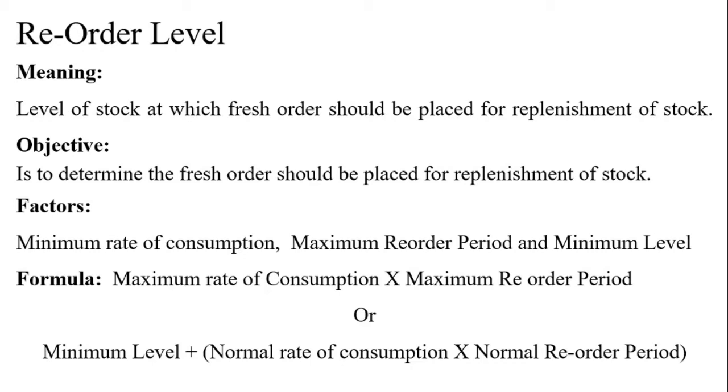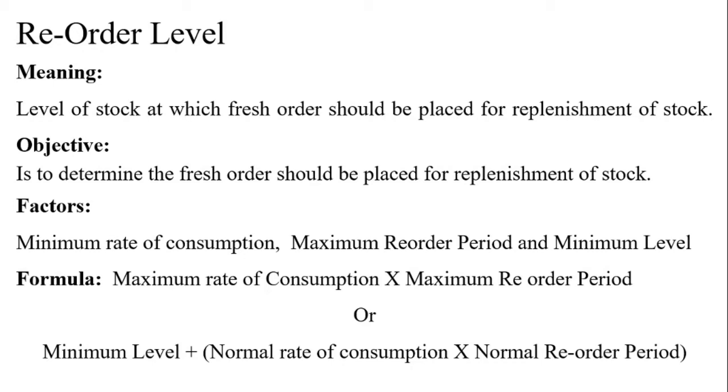It is the level at which a purchase requisition should be made out for fresh supplies. The objective is to determine when a fresh order should be placed for replenishment of stock. The factors influencing the reorder level are maximum rate of consumption, maximum reorder period, and minimum level.